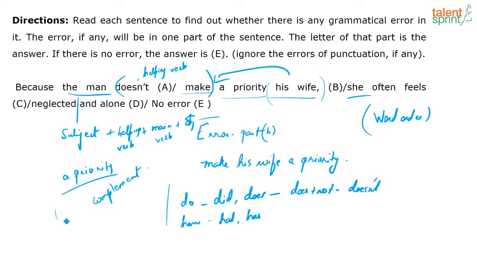Again, priority would be an object, right? His wife becomes the indirect object, a priority becomes the direct object. The man doesn't make what? A priority. Whom? His wife. Got it? So his wife is in fact the indirect object, answering the question whom, and answering the question what is the direct object. Are you following?